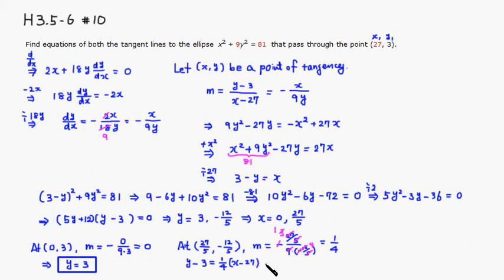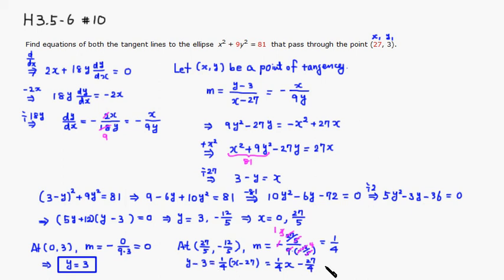I'm going to multiply this out. So 1/4 times x is 1/4 x. 1/4 times negative 27 is negative 27/4.